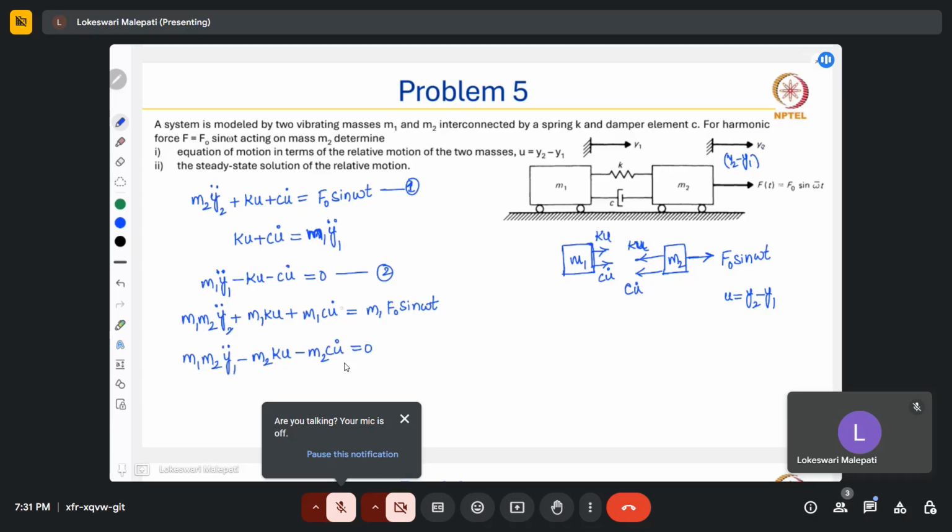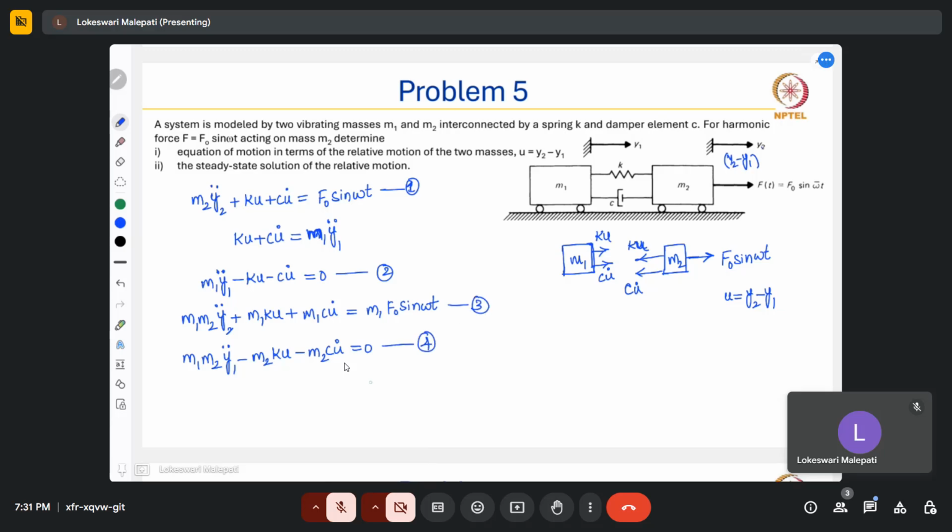Now let's subtract equation 4 from equation 3. So that would become M1 M2 times y2 double dot minus y1 double dot, plus M1 plus M2 times ku plus M1 plus M2 times c u dot is equal to M1 F naught sine omega t.